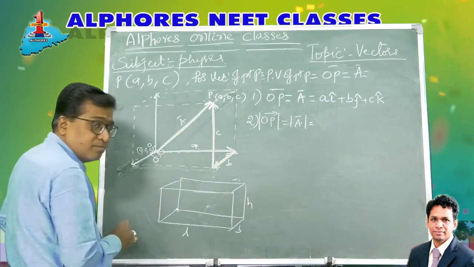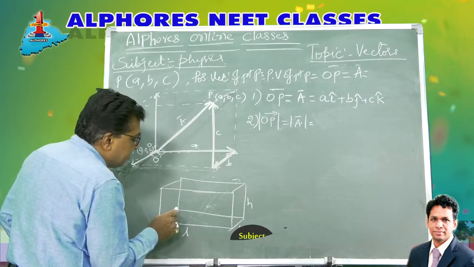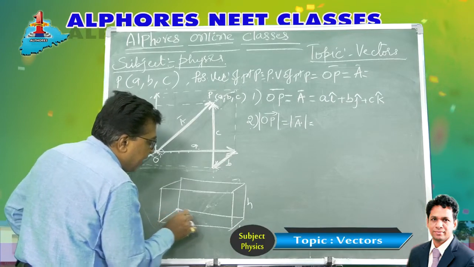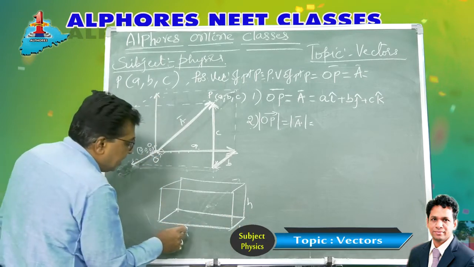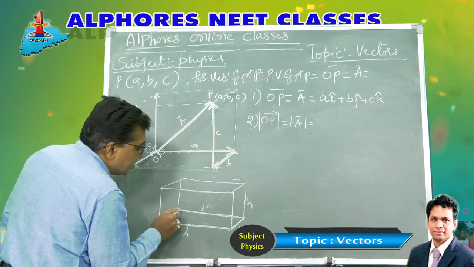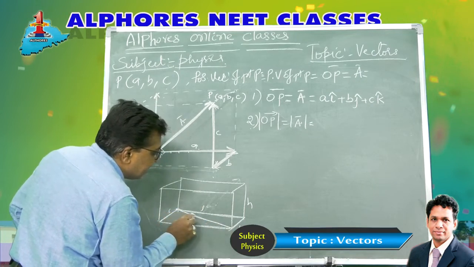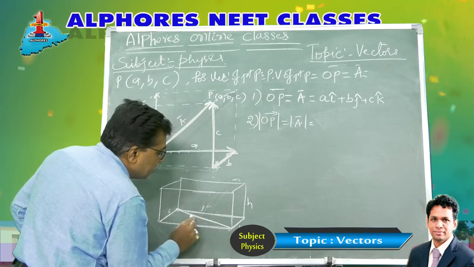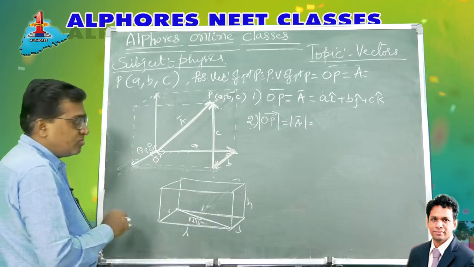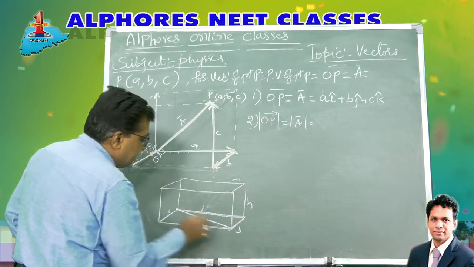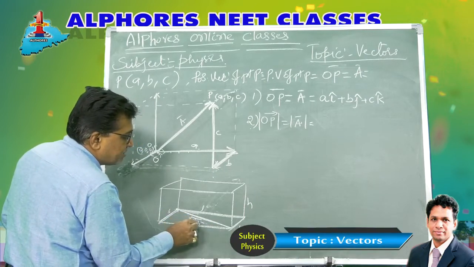First let me take the base, the floor of this cuboid. The length is L, breadth is B. This diagonal is the hypotenuse of L and B, so it is under root of L square plus B square. So the face diagonal is root of L square plus B square.